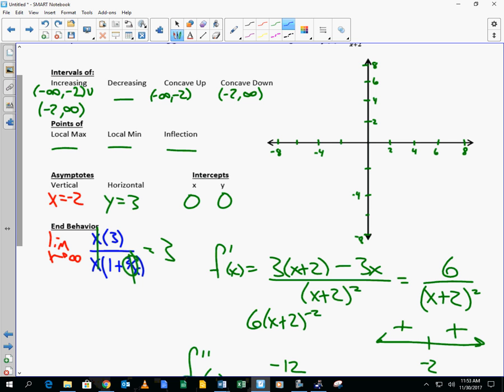Okay, I'm going to plot the intercepts. 0, 0.